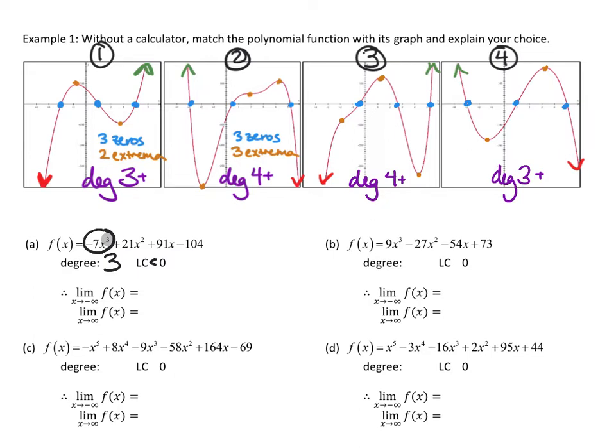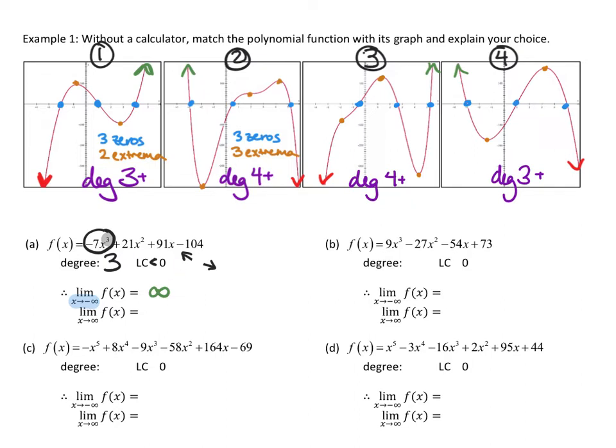Now, odd degree functions that are negative, remember, odd and negative is like a downhill slope for a linear equation. So no matter what happens in the middle, that's what our end behavior is going to look like. Which means that on the left side, the limit as x approaches negative infinity, our graph should be going to positive infinity. That's this arrow right there.